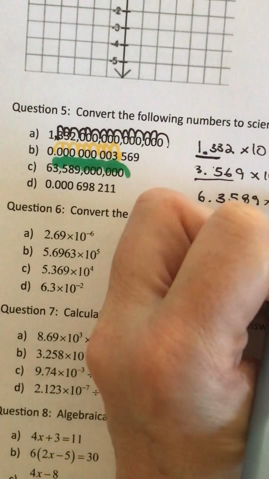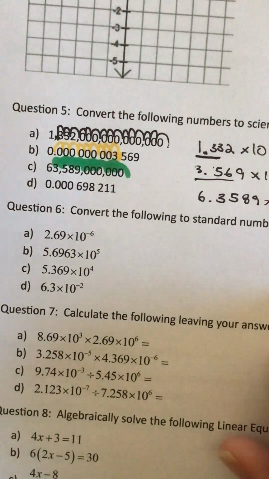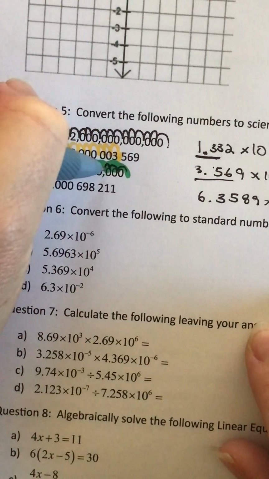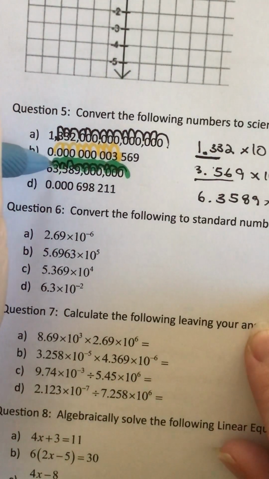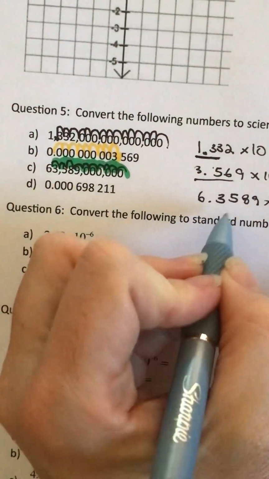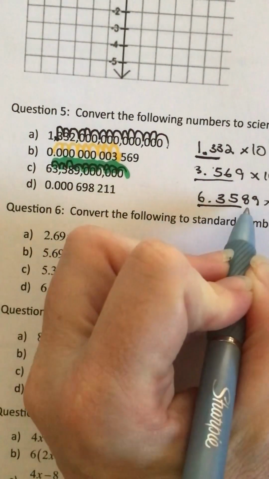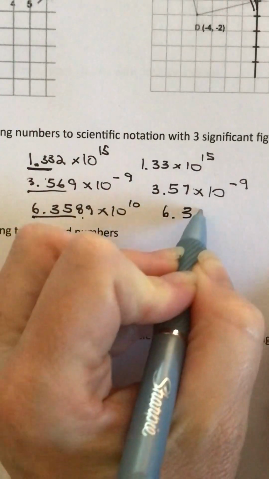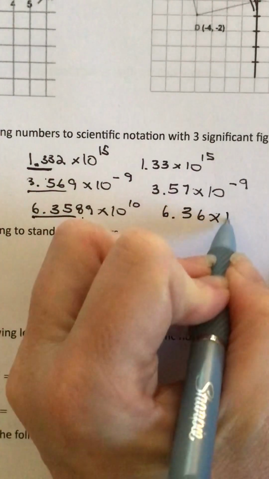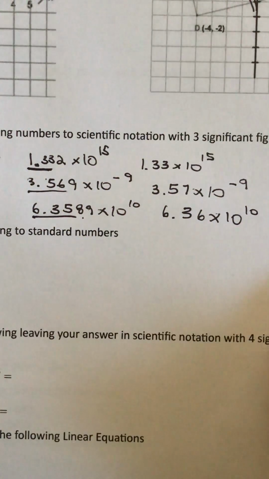To the 10, and I might just double check that. 1, 2, 3, 4, 5, 6, 7, 8, 9, 10. Yep, by 10 to the 10. And then I'm going to look at my 3 significant figures. The next one is an 8. So I'm going to write that as 6.36 by 10 to the 10 there.